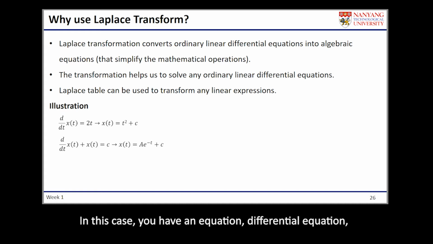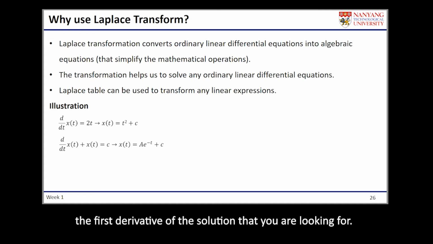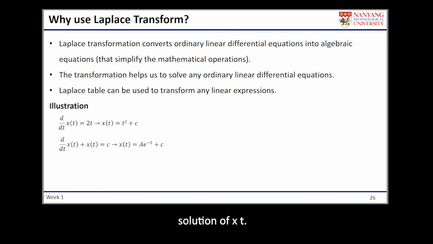In this case, you have a differential equation in which the solution that you are looking for, x(t), does not appear only by itself in the equation, but the equation also involves the first derivative of x, the first derivative of the solution that you are looking for. The first derivative of x plus x itself is equal to a constant. That is what the problem says. And then we want to find the solution x(t).